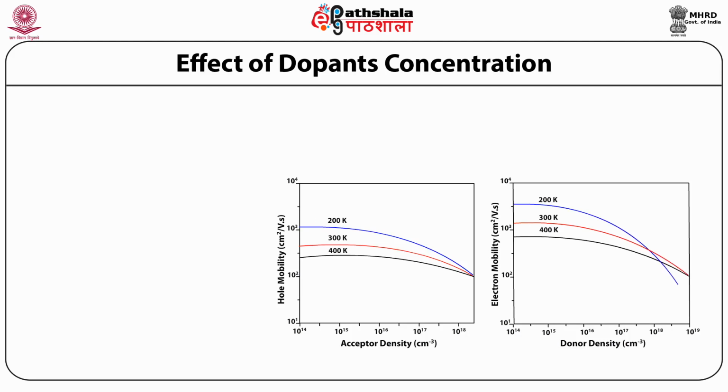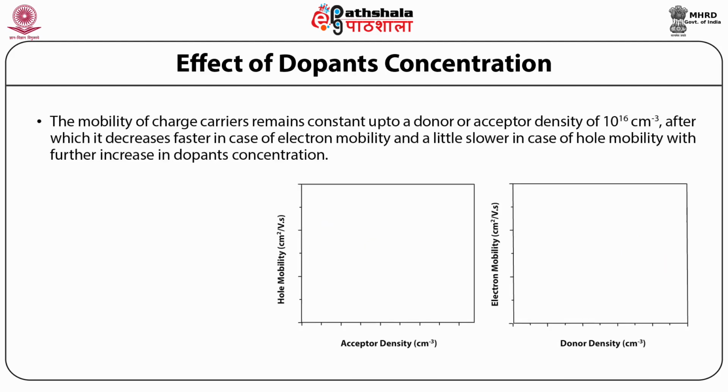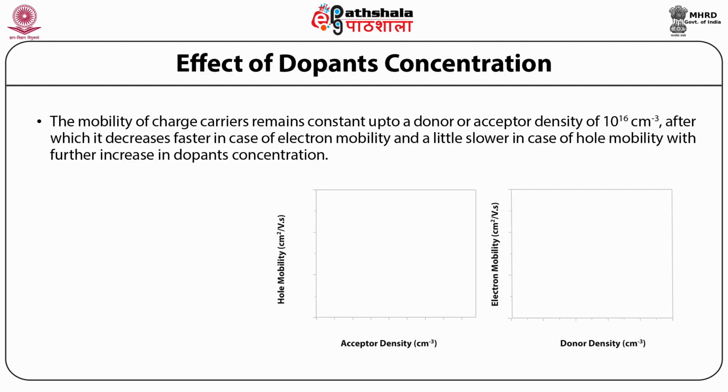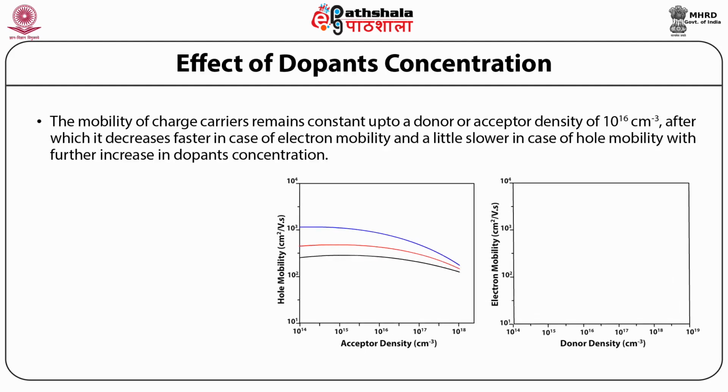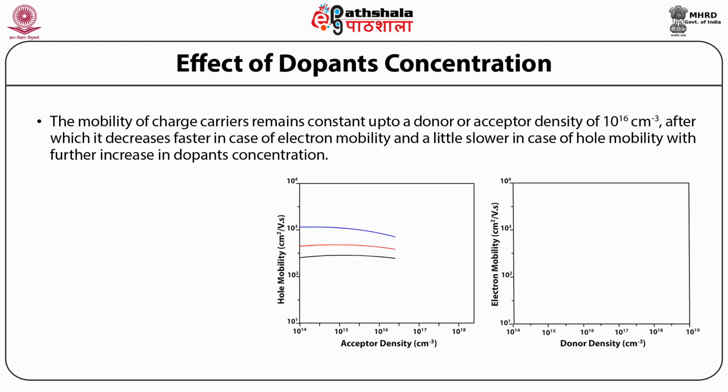So here it can be seen that the mobility of charge carriers remains constant up to a donor or acceptor density of 10 to the power 16 centimeter minus 3, after which it decreases faster in the case of electron mobility and a little slower in the case of hole mobility, with the further increase in the dopant's concentration.